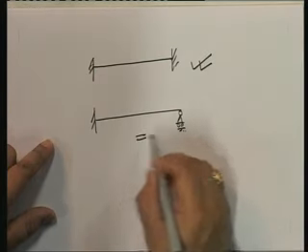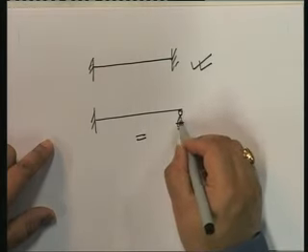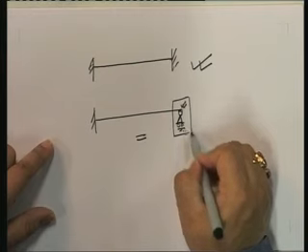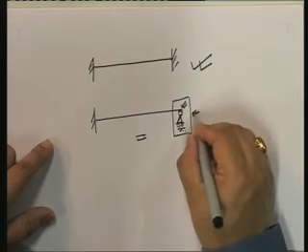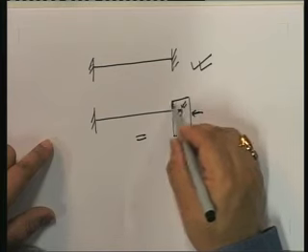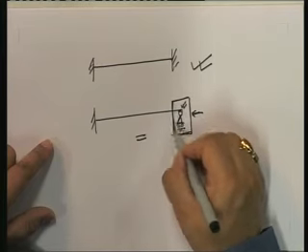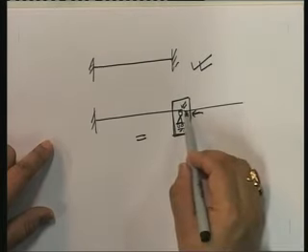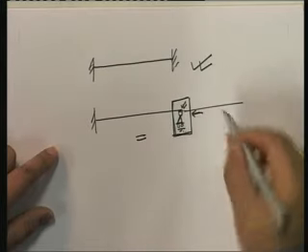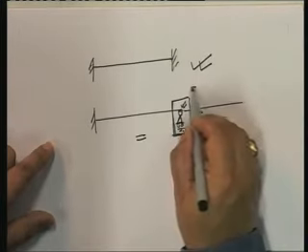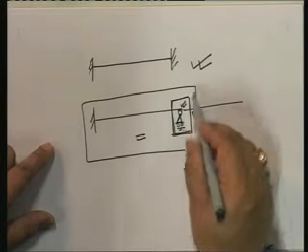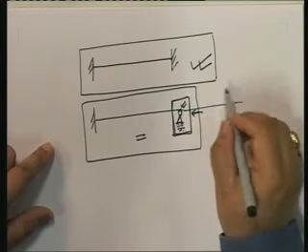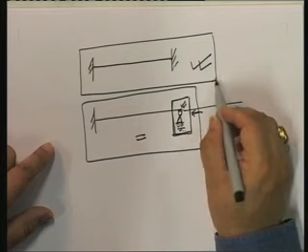You can use this only when this end happens to be the end support of a structure. You cannot use this if there is another member connected over here, because then the moment at this point is not equal to 0. Is that clear? Otherwise you have to always use this and use the member force deformation relationships for this.